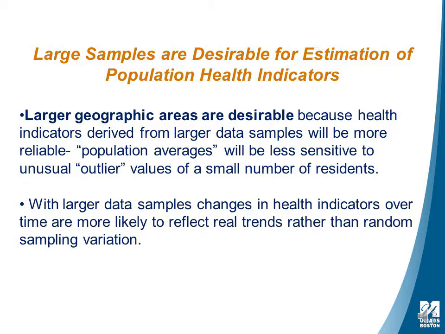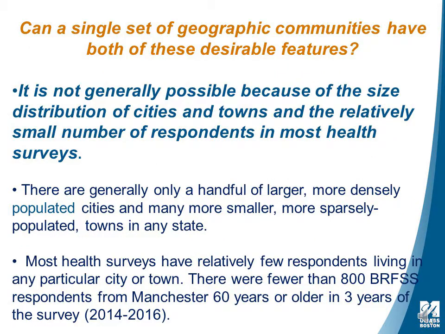Population averages are less sensitive to unusual outlier values contributed by a small number of residents. Also, with larger data samples, changes in health indicators over time are more likely to reflect real trends rather than random sampling variation. Can a single set of geographic communities be defined that have both of these desirable features?